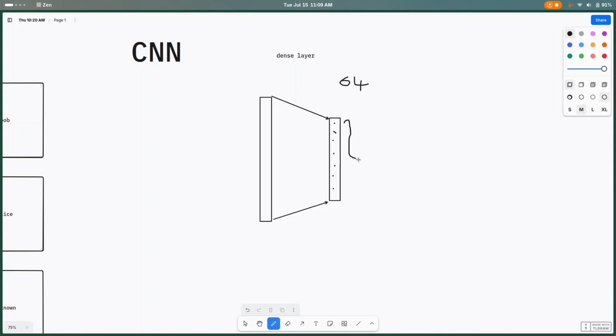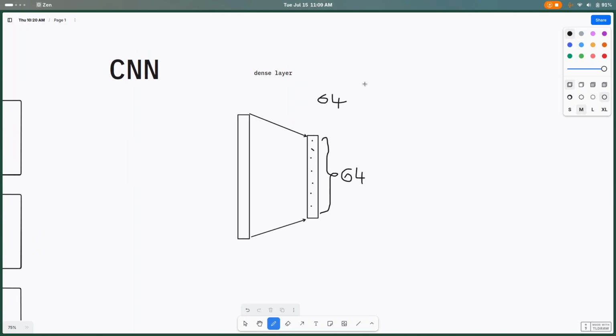So this vector at the end will now have 64 components. Or sometimes you use 128. Those don't really matter. Sometimes you use a smaller number, 32. The power of 2 is just a good rule of thumb so that the number can fit into memory properly, rather than being left out and so on. But any of these numbers is fine, right? Just not too small, not too large.